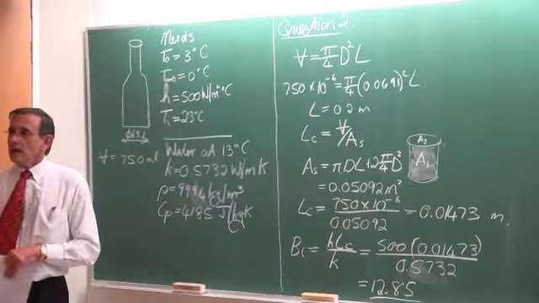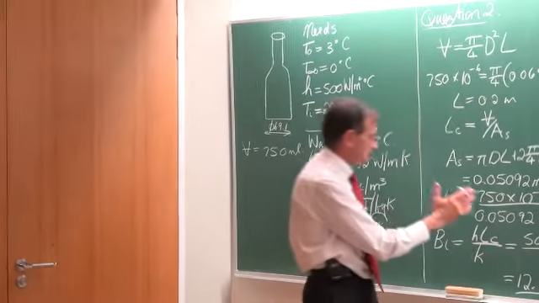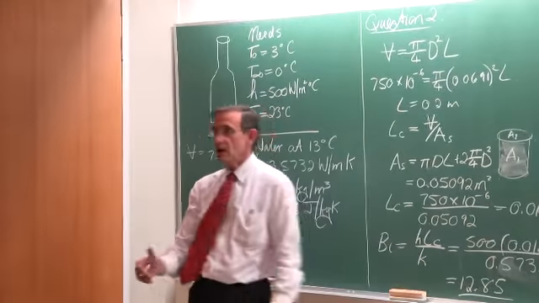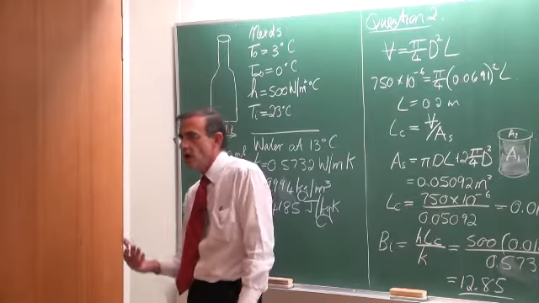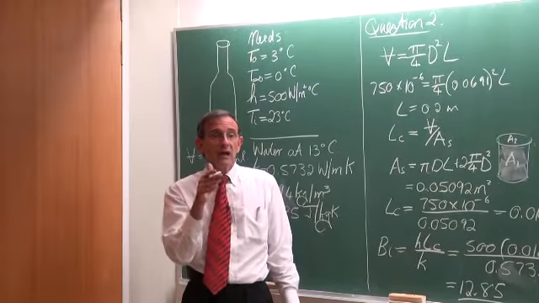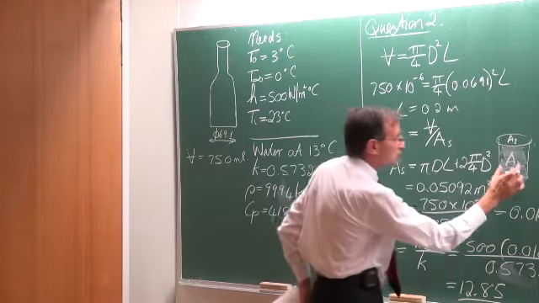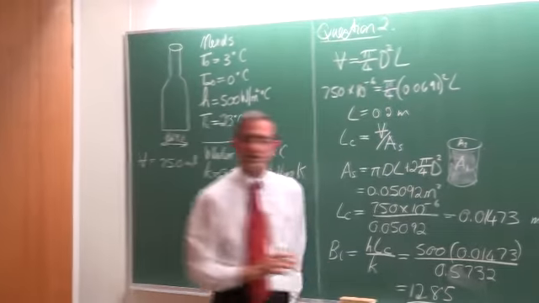Okay. Now we know that when we've discussed this, we've said that the lump system approach is valid if the Biot number is typically smaller than 0.1. Where does that come from? It is a rule of thumb, and it has to do with a ratio of the internal resistance to the outside.